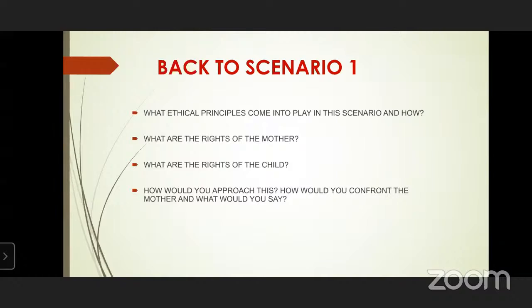So also looking at the ethical principles, beneficence to first, non-maleficence to first do no harm. So obviously, you don't want the child to go home without being initiated on ARVs, and beneficence to do good above all else. So in this case, the autonomy of the mother is actually overridden by the fact that there are two other lives in consideration.